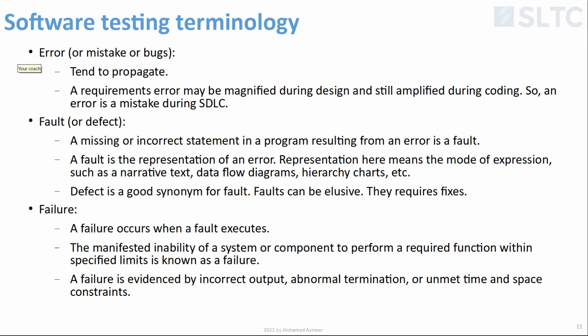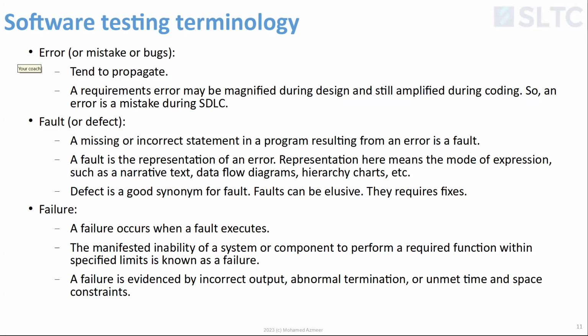What does fault mean, or defect mean? A missing or incorrect statement in a program resulting from an error is a fault, right? So the result of an error is called a fault, a defect. A fault is a representation of an error. So if an error is there, we will have a fault, right?